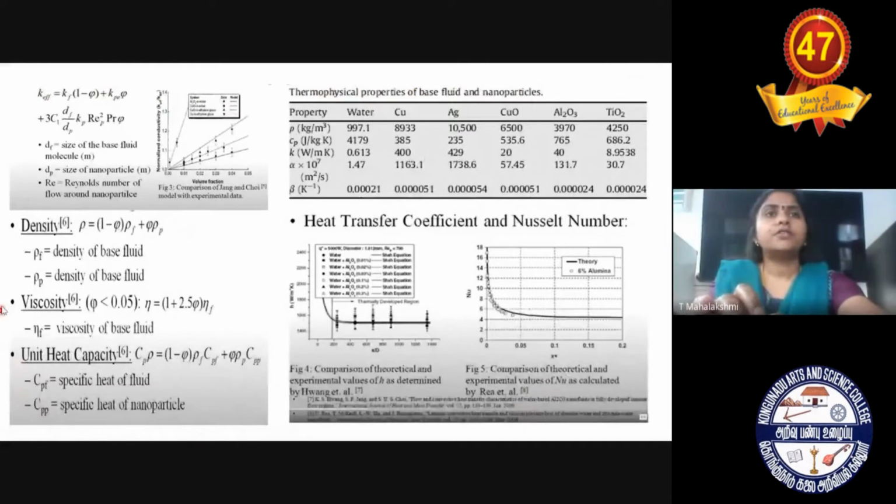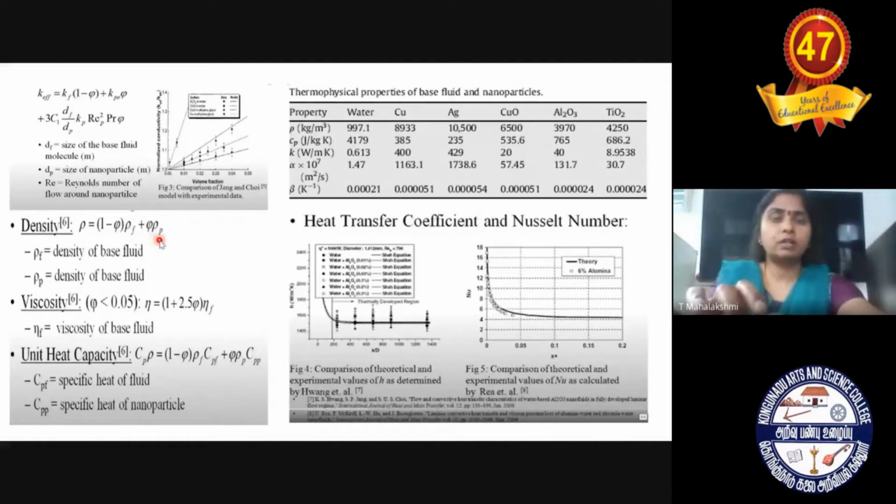And the next property is density. Density is calculated in this way. Density of the nanofluid is calculated by adding two terms. In the first term, we will have the product of 1 minus phi. Here phi represents the solid volume fraction of the nanofluid, and rho f represents the density of the base fluid.